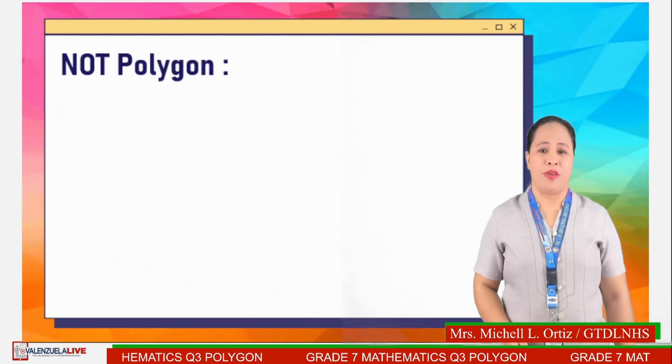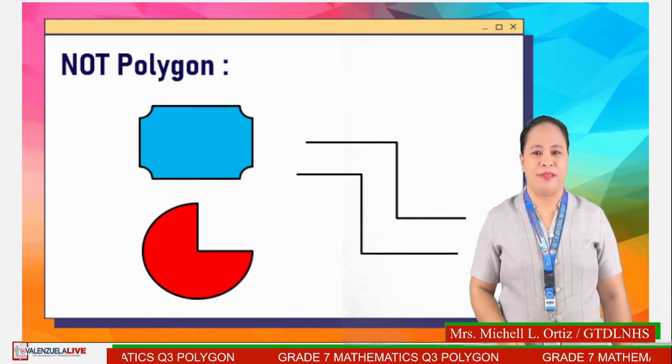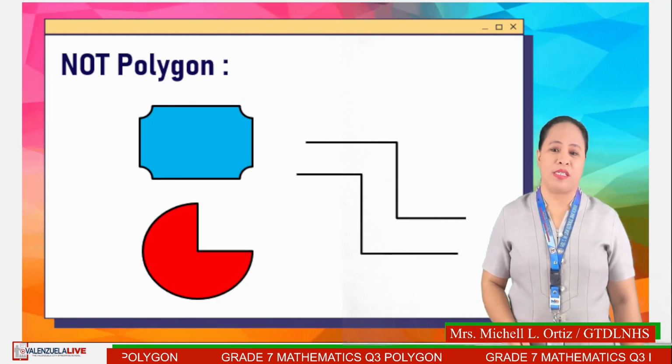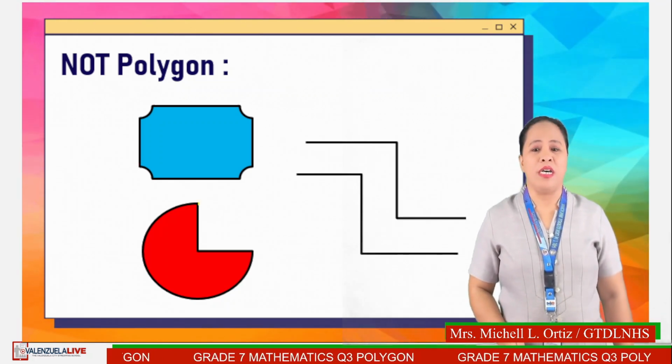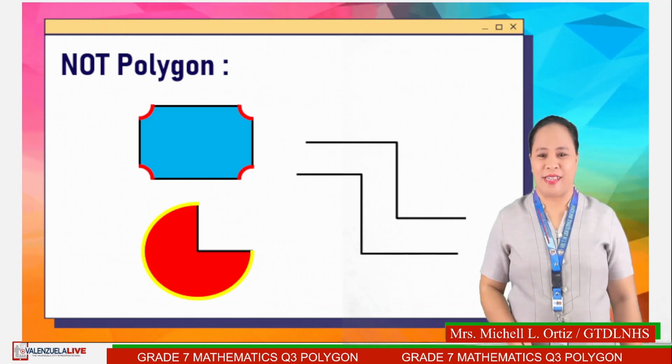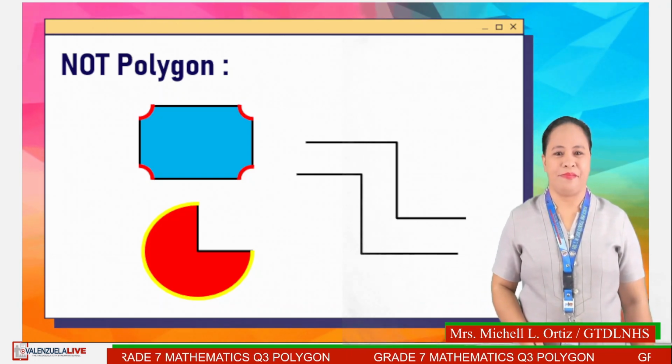And the following figures are not polygons. Take note that if the figure is not closed or the figure has a curved part, then it is not a polygon.